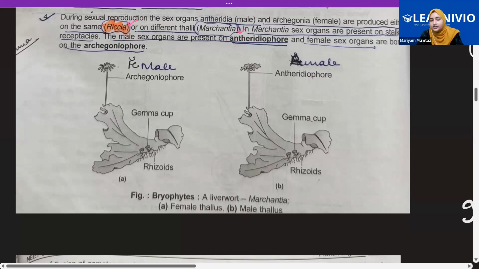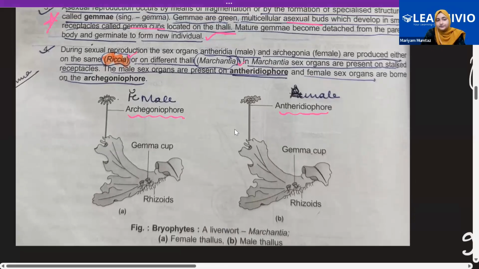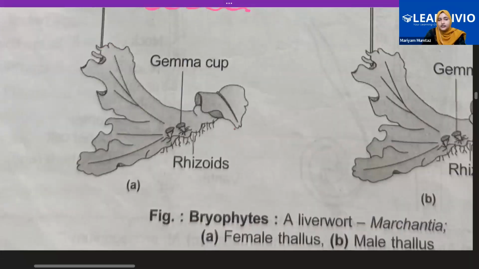So see right here is the pictorial representation showing you how the archegoniophore is there, which is the female sex organ, and then there is the antheridiophore, the male one. And here in this picture, you might see this leafy structure, this is the leaf-like structure that they refer to.